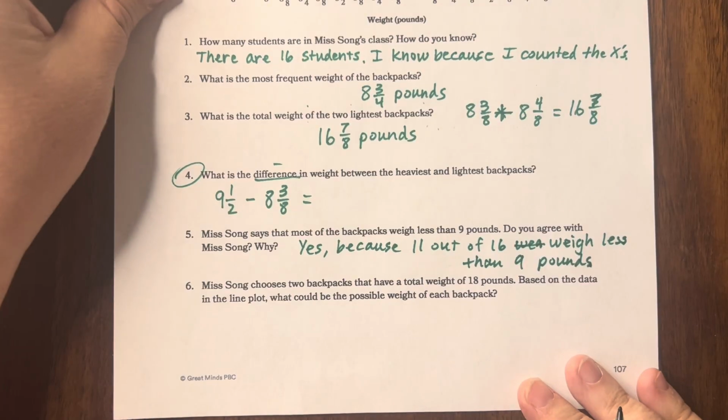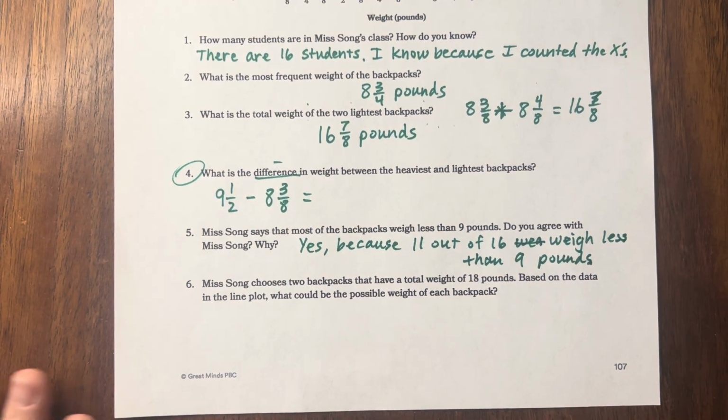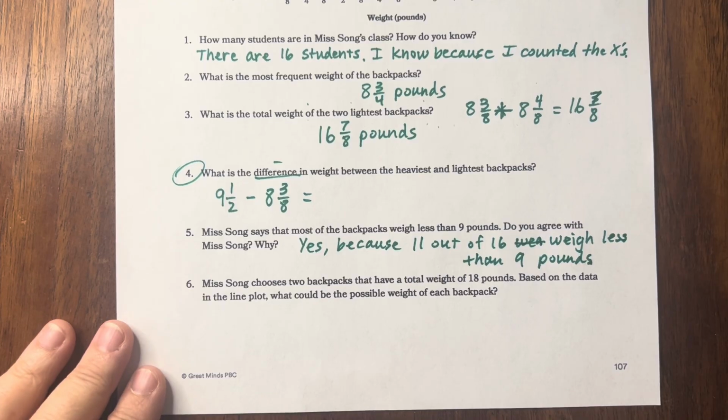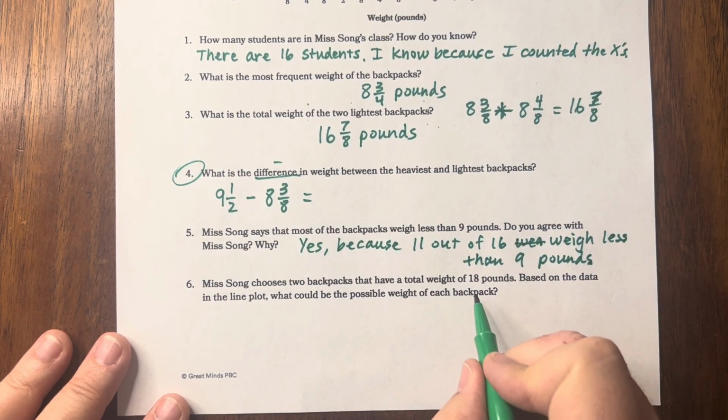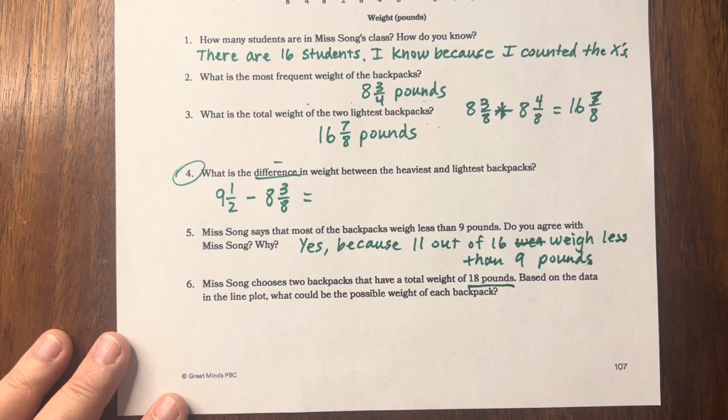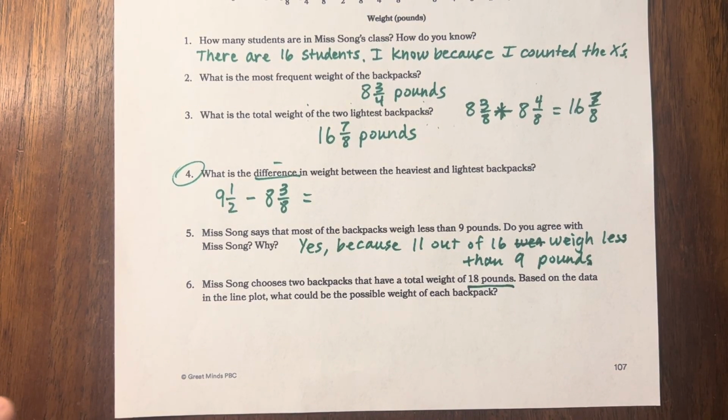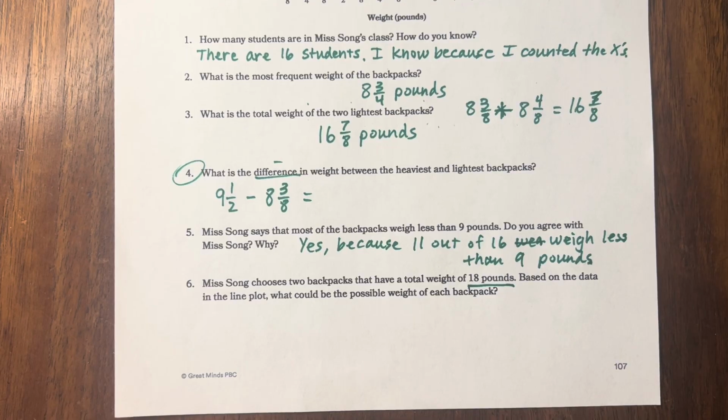Last question. Miss Song chose 2 backpacks that have a total of 18 pounds. Based on the data in the line plot, what could be the possible weight of each backpack? Okay, so this one is kind of a little challenge one. I want you to try it. Try to find 2 backpacks that when you add them together, weigh 18 pounds. So we know 9 plus 9 is 18. So what fractions could be combined together to make 18?